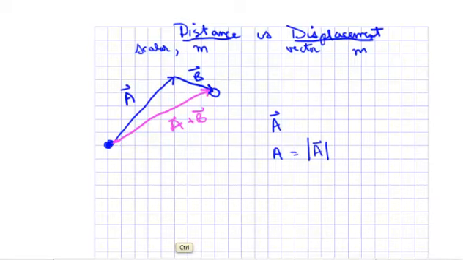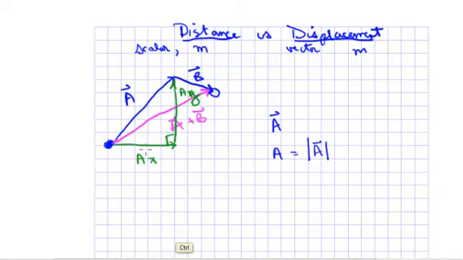What we're going to do here is realize that A has an A sub x, and it has an A sub y. In other words, it has an x component and a y component, and using the Pythagorean theorem now we can figure out how long this vector is. That's not hard to do.